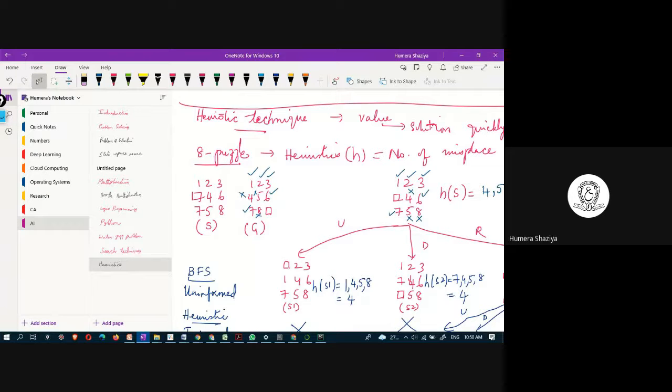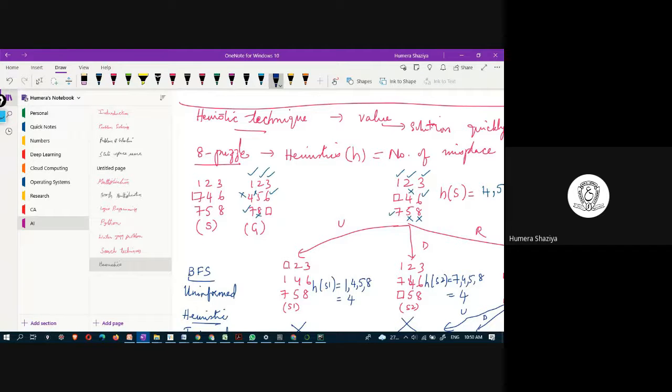You will get multiple heuristics to solve the 8 puzzle problem. This is one heuristic method where we looked at the number of misplaced tiles. We will look at other heuristics as we go along and study various informed or heuristic search techniques.